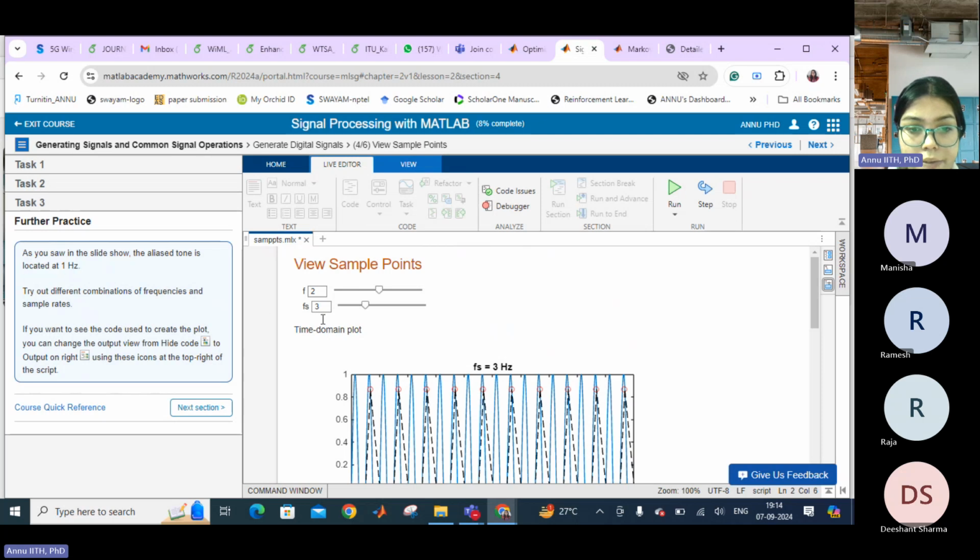Because fs should be 4, but it is at 3, so 4 minus 3. Try a different combination of frequencies and sample rates.